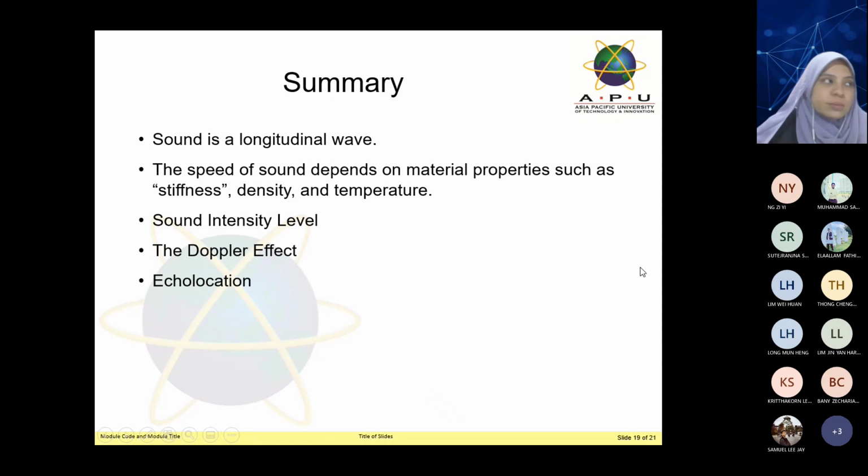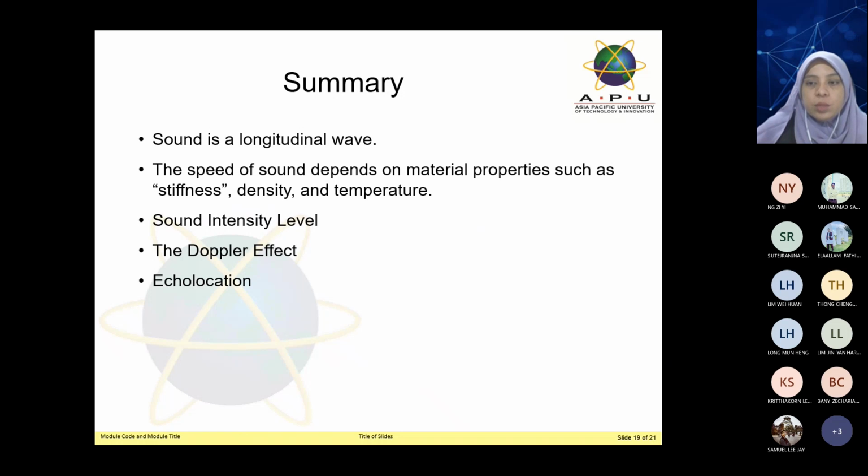So, summary of the topic. Sound is a longitudinal wave. The speed of sound depends on material properties such as stiffness, density, and temperature. Sound intensity becomes higher if you are near the source of the sound, like an ambulance or police.